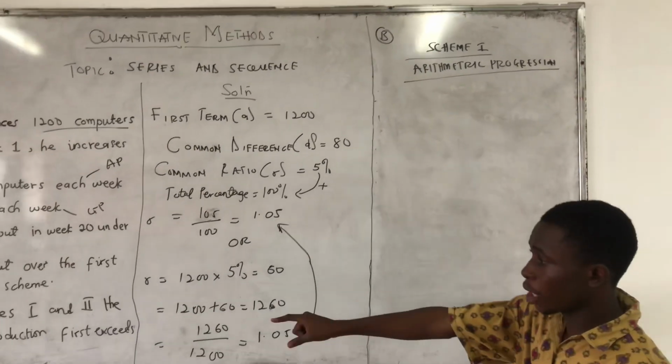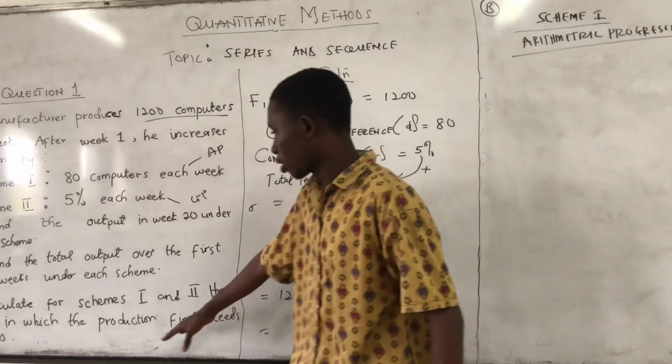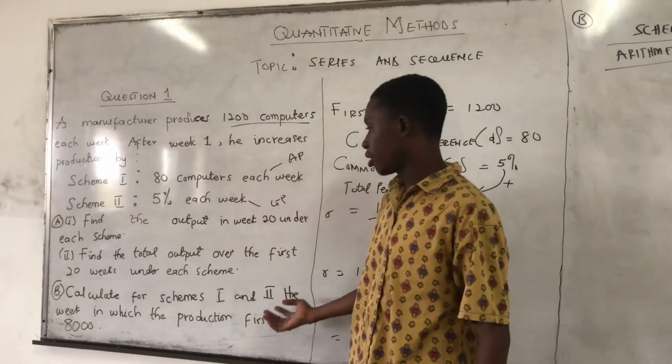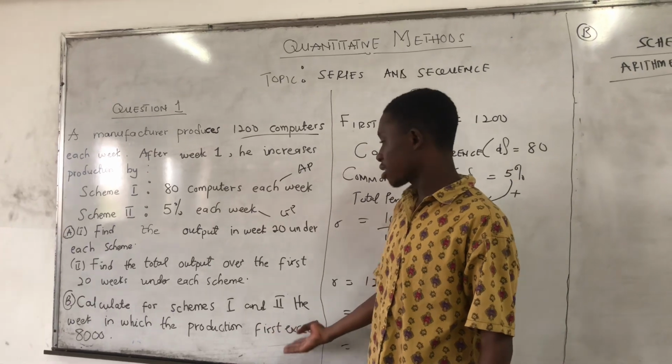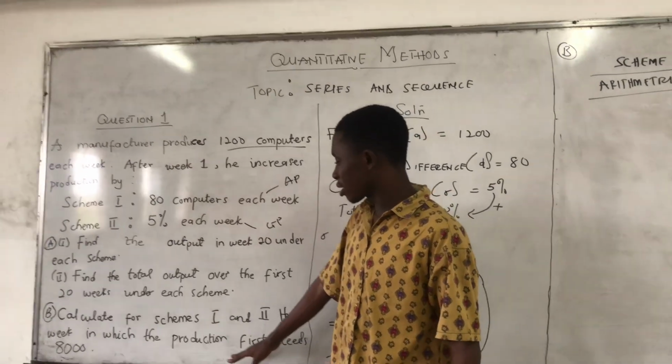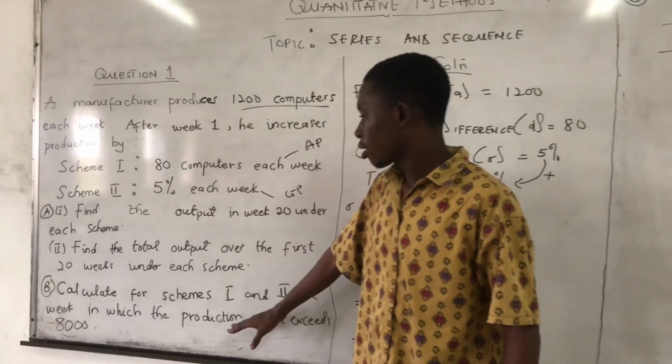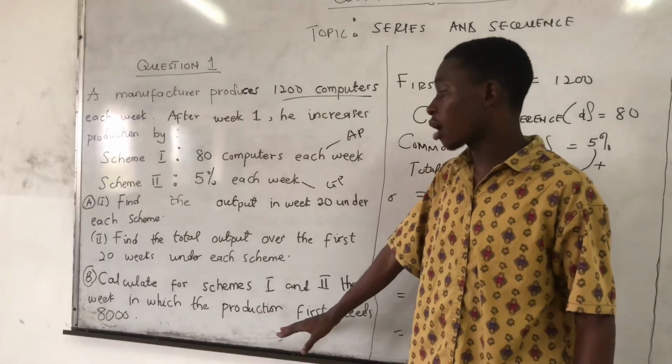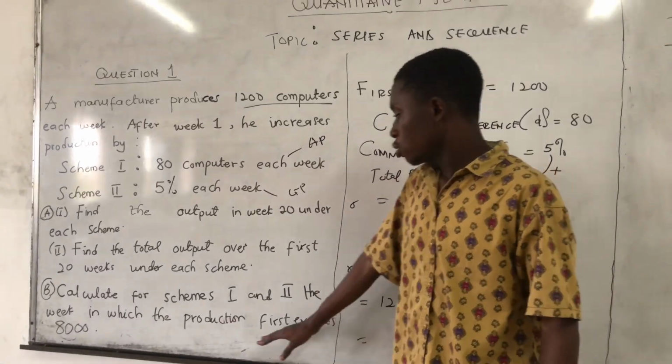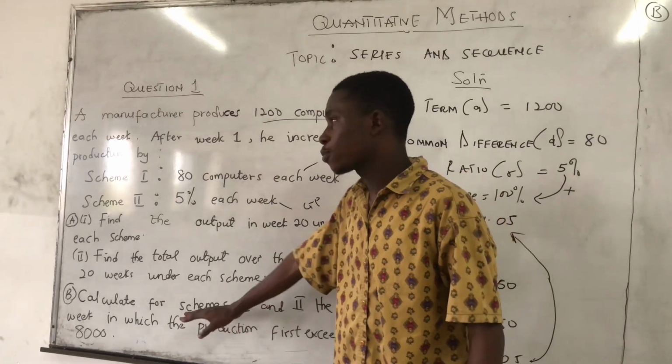When you check the B part of the question, calculate for schemes I and II the week in which the production first exceeds 8,000, there's nothing stated here saying calculate for what? Total what? Output. So we are not going to use the total output formula.